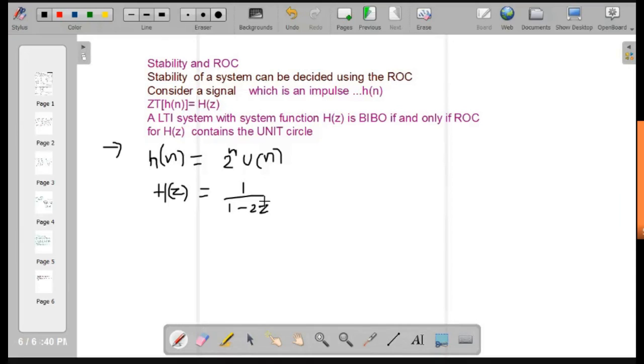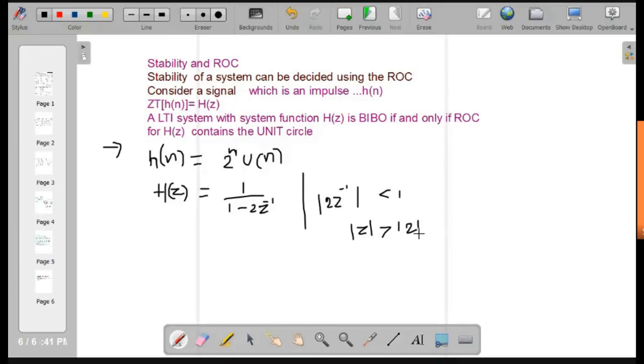This holds provided the condition that mod of 2 z inverse is less than 1. That means mod z is greater than mod 2.